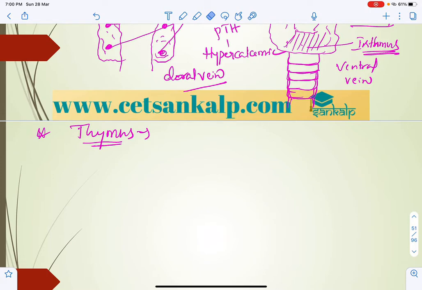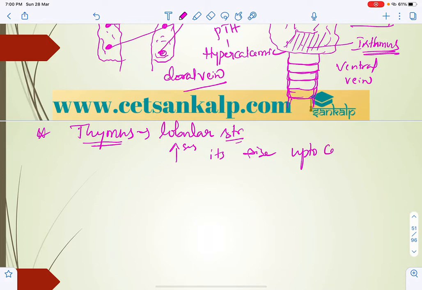The thymus gland is a lobular structure which increases its size up to a certain age, and then the size decreases.